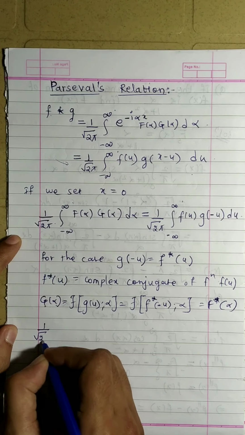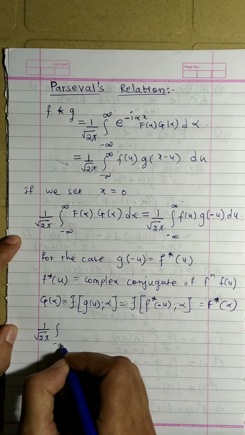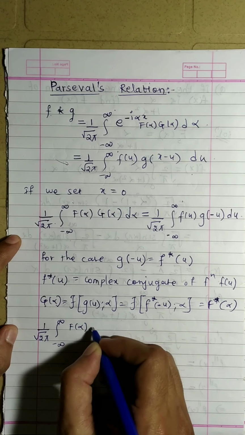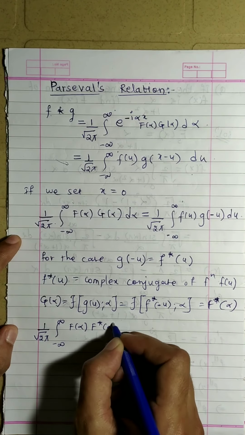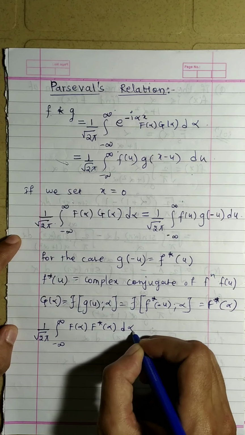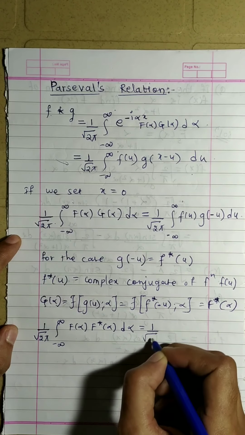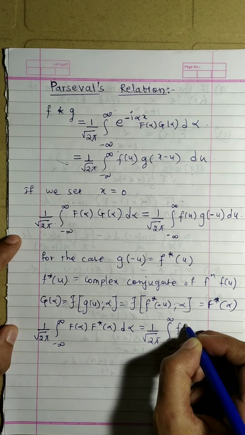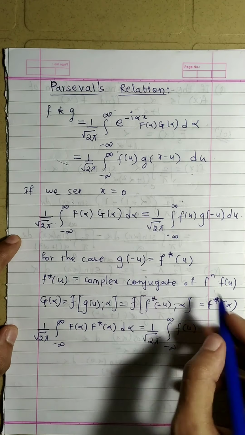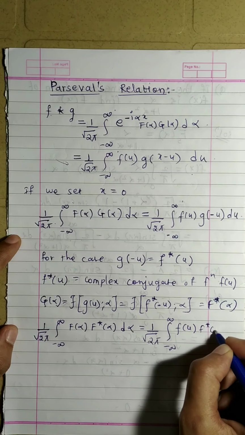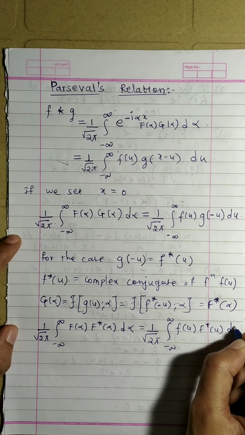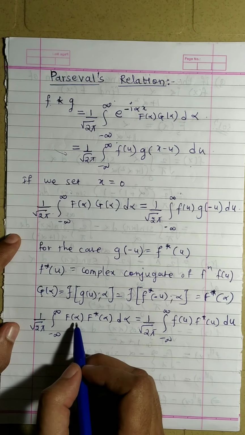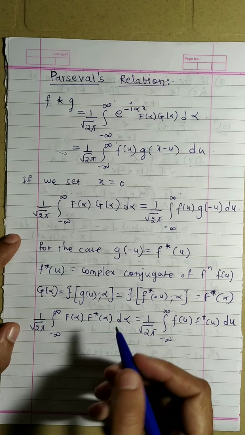If we substitute this in the above equation, what will we get? 1 upon root of 2 pi integral from minus infinity to infinity f of alpha into f star of alpha d alpha equal to 1 upon root of 2 pi integral from minus infinity to infinity f of u into f star u du, and therefore this is a number into its complex conjugate.